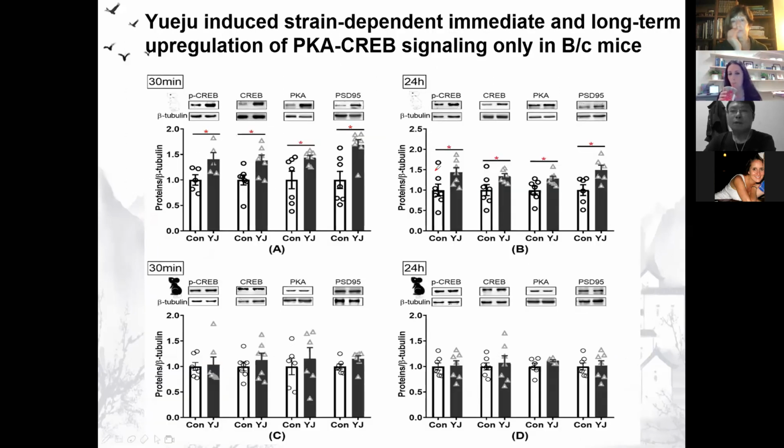Furthermore, we also tested the upstream and downstream proteins of BDNF. We found that PKA-CREB signaling, which regulates BDNF, and the synaptic protein PSD95 displayed a similar strain-dependent expression pattern, both at 30 minutes and 24 hours after a single dose of yuezhi.